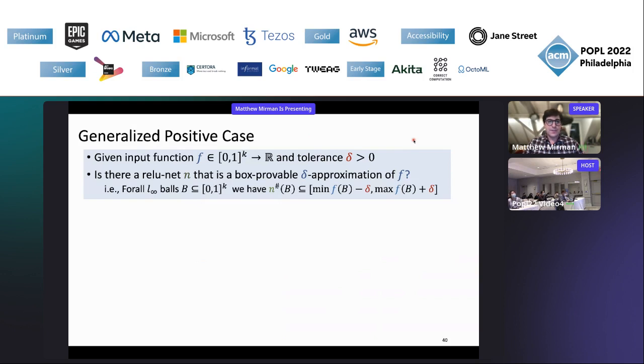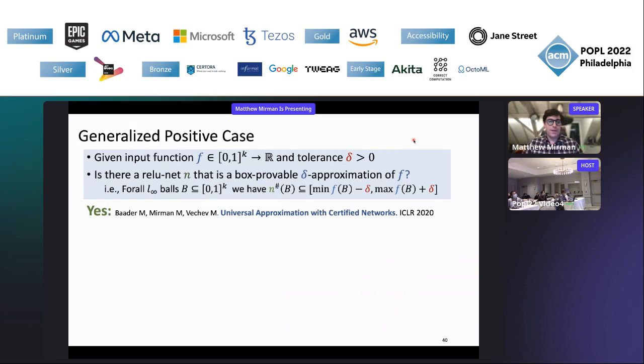And specifically what this means is that for all L infinity balls, we have the neural network applied to that ball being a subset of the expanded concrete output of the neural network on that ball. And it turns out that we can do this.